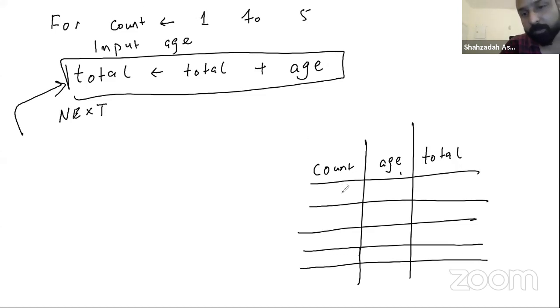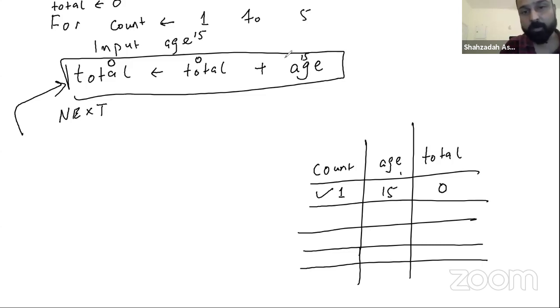For first count, पहली iteration के लिए, let's suppose हमने जो age input की that was 15. तो इस एज वेरिएबल के अंदर करंट पहले काउंट के अंदर 15 आके स्टोर हो जाएगा. टोटल के अंदर इनिशियली, let's initialize total on top as 0. तो जो टोटल की इनिशियल प्रीवियस वैल्यू होगी, टोटल के अंदर इस वक्त 0 मौजूद है. और एज के अंदर पहले काउंट में इस वक्त हम 15 इनपुट कर चुके हैं.